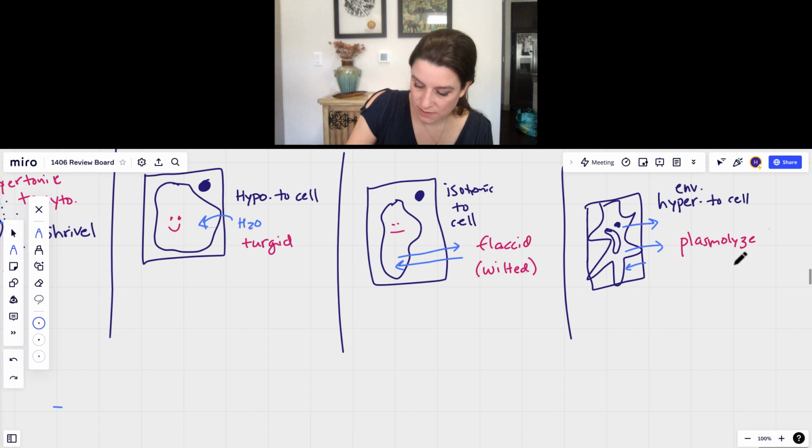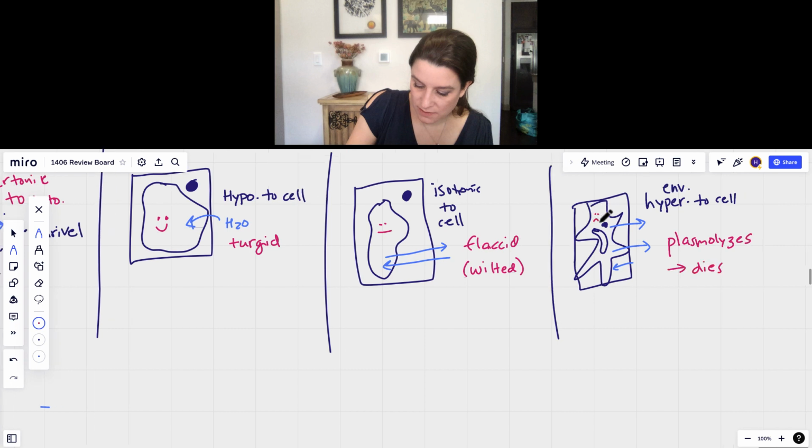So the cell wall pulls away, the plasma membrane pulls away, the central vacuole is really small, and it wilts and then dies. So plasmolysis is like after it becomes flaccid and then death. So that's not good. All right, so those are tonicity ideas here about hypertonic, isotonic.